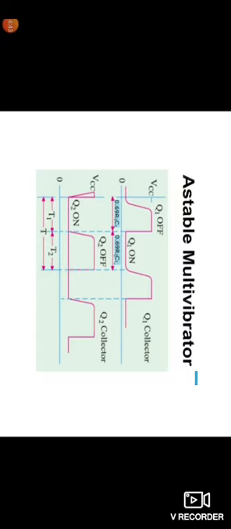The total time period is 0.69 R1 C2 plus 0.69 R2 C1. If R1 C1 equals R2 C2 equals RC, the total time period is taken as 1.38 RC.